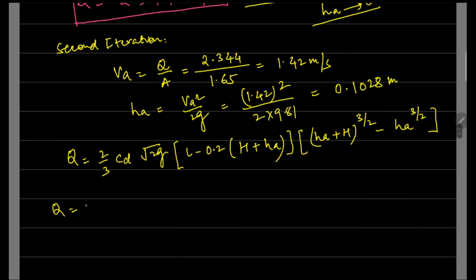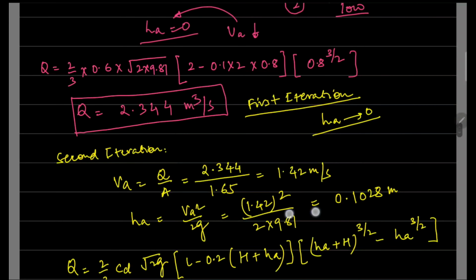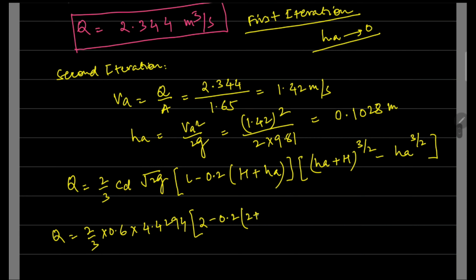So Q is coming out to be 2 by 3, CD is 0.6, and this value is 4.4294, and then L value is 2 minus 0.2 in brackets, H is 0.8, so 0.8 plus HA is 0.1028, bracket closed, and then this is 0.8 plus 0.1028 raised to the power 3 by 2 minus 0.1028 raised to the power 3 by 2, and then bracket close.